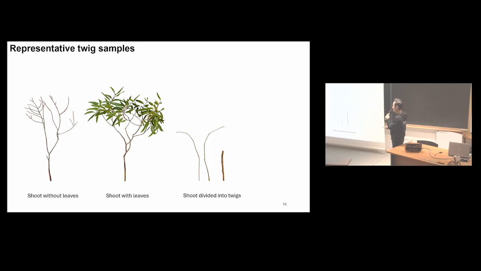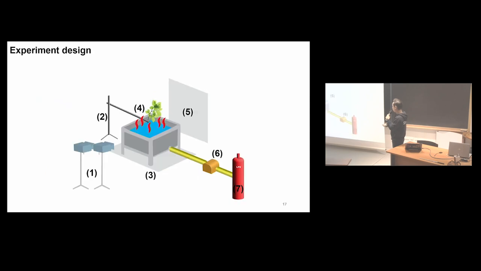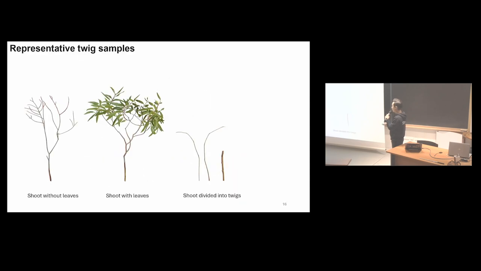After that, I decided to get the twigs like this. The first is 30 centimeter length, from 1 to 2 centimeter diameter. So this one is similar to this one and similar to this one. So it's a different shape.